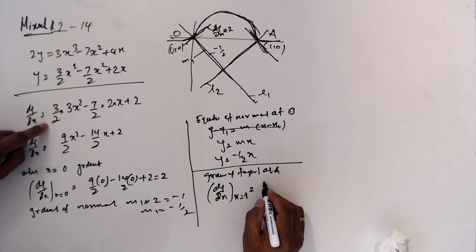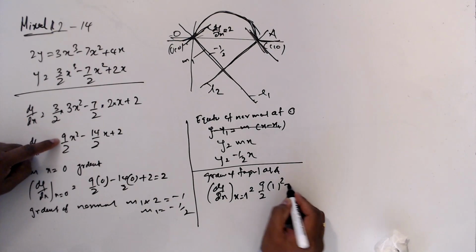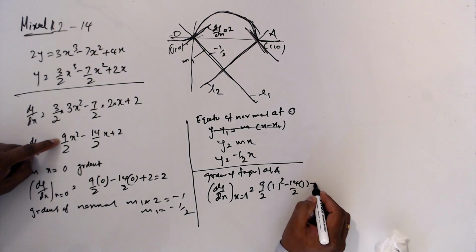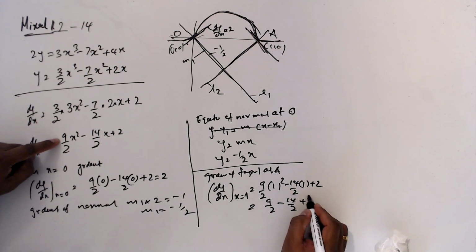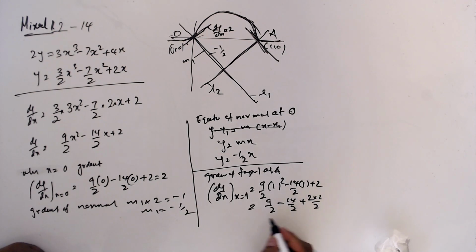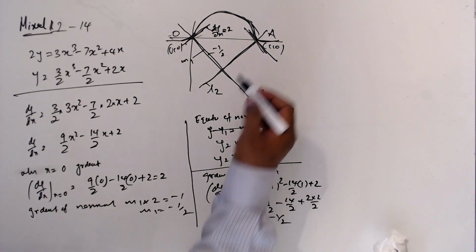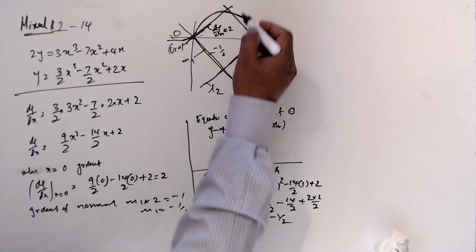So this is 9 over 2, 1 squared, minus 14 over 2, 1, plus 2. So 9 over 2 minus 14 over 2 plus 2. So this is going to be 2 and 2: 9 minus 14 minus 5 plus 4. So this is going to be minus half. Yeah, actually it should be minus half, otherwise my sum would be wrong.